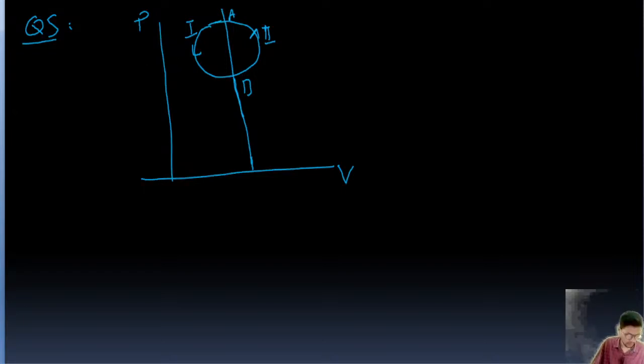Here we can see this is the work done by path 1. In this case the volume is expanding, guys.